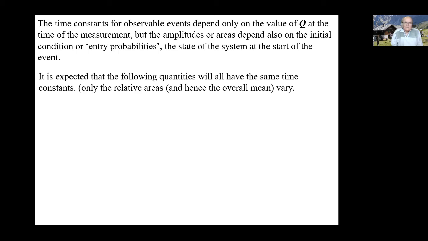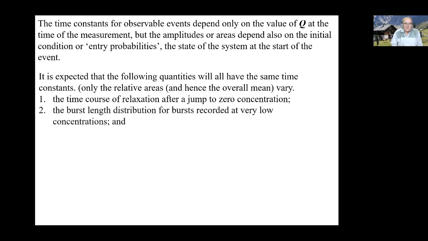So we expect that the following quantities will all have the same time constants, only the relative areas, and hence the overall mean, will vary. The time constants, the time course of relaxation after a jump to zero concentration.